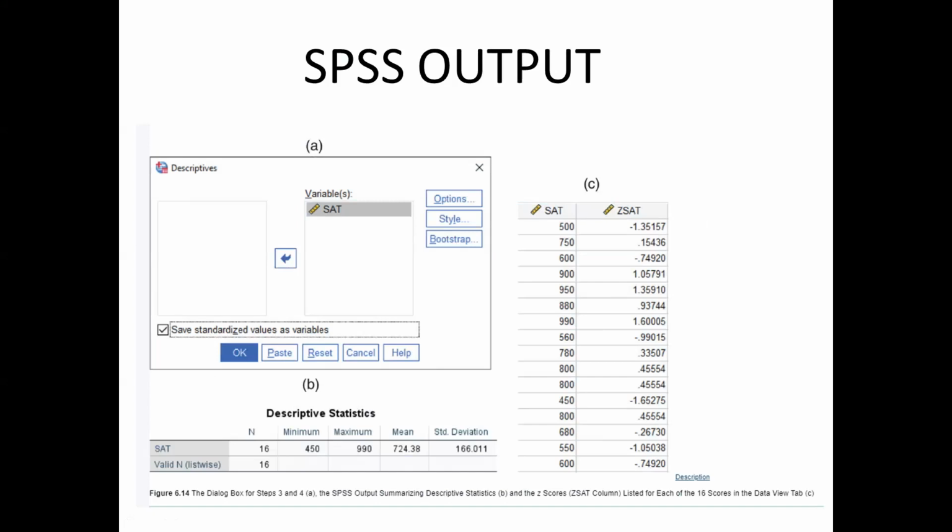So the added column is z with your variable name, so it is zSAT. Each z-score in the zSAT column is the number of standard deviations that the corresponding score in the original SAT column is from the mean.